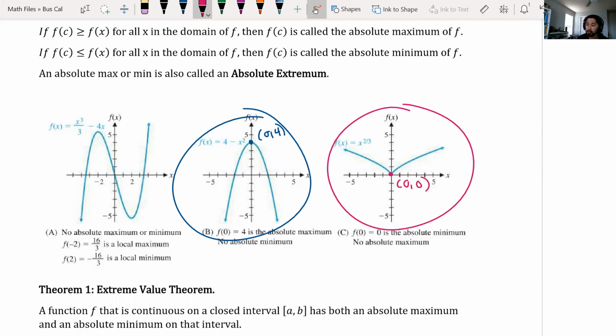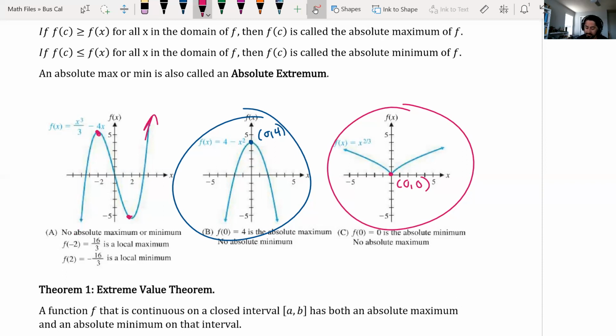Okay. So to be an absolute max, you have to be the highest point on the graph, and to be an absolute min, you must be the absolute lowest point on the graph. And then the first graph has no absolute max or minimum because, yes, there's a high point here and a low point there, but since these tails go to infinity and negative infinity, there is no absolute high point.